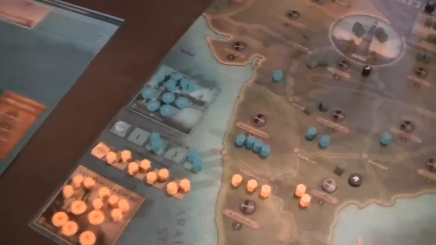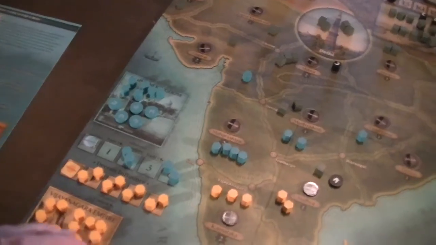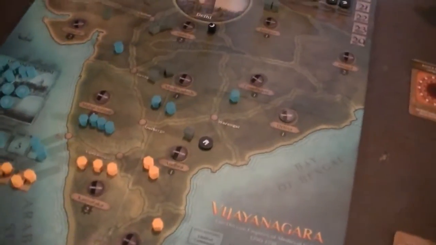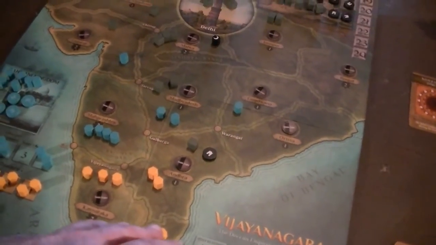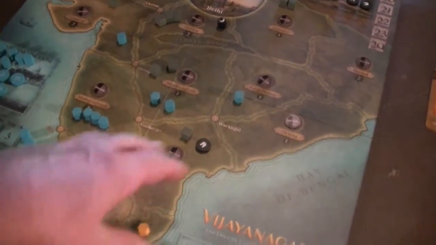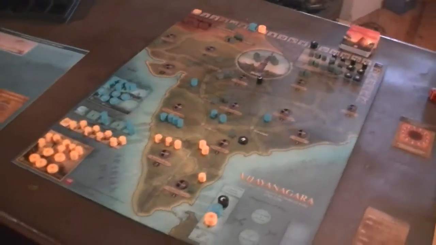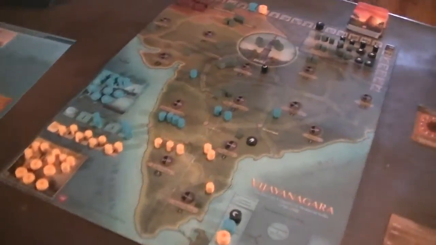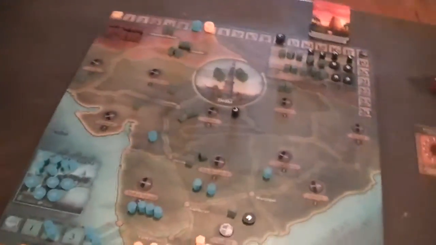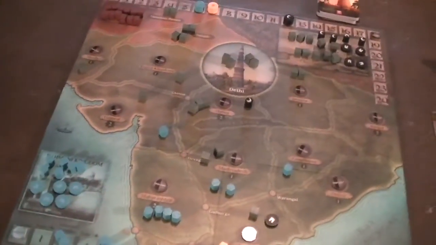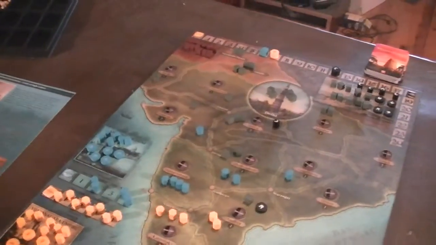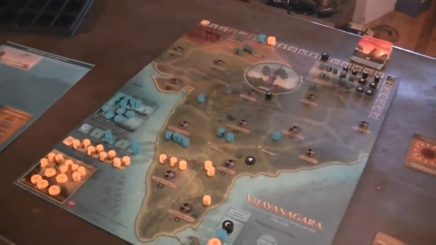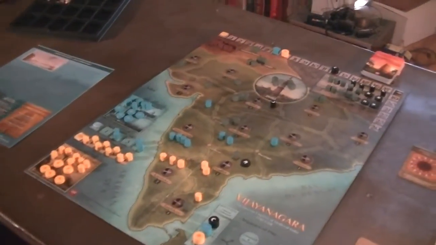So especially with the Vijayanagara, I don't know. The people who ruled this don't even exist at the beginning of the game, essentially, right? Or they're very young. And the same with the Bahmani. These are more concepts, in a way, than they are the rise of the actual power itself.